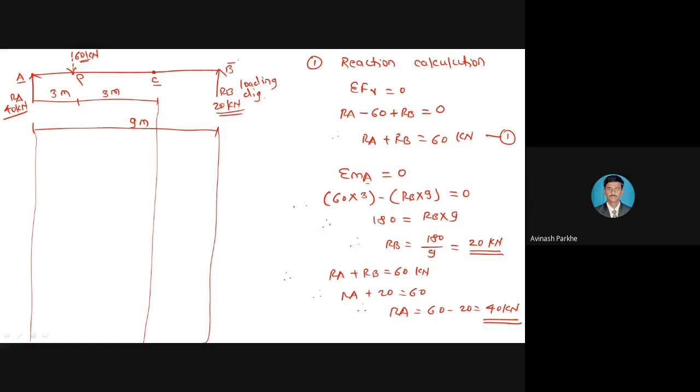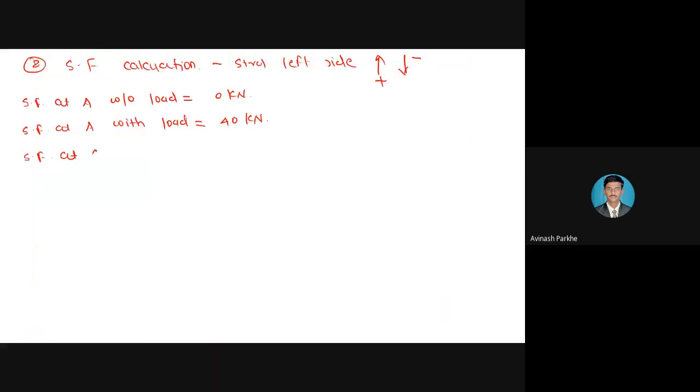Don't go for the calculation of SF and BM at the particular point P. Therefore after point A, directly I will go for the SF calculation at point C. But you can see in the figure, at point C there is no point load, so it is not required to take the without load condition and with load condition, only shear force at C.